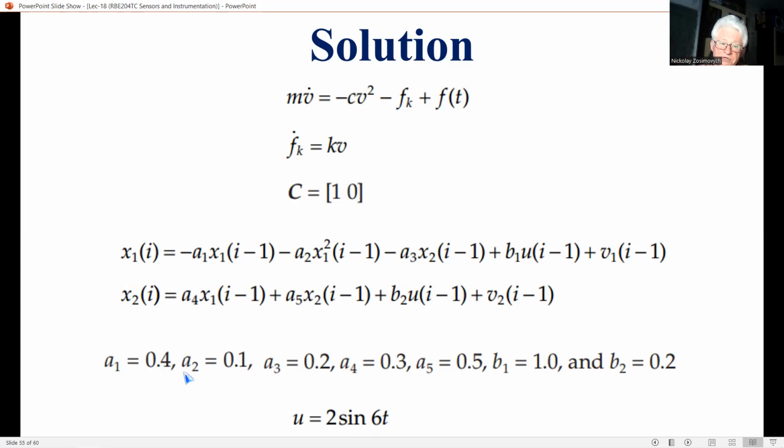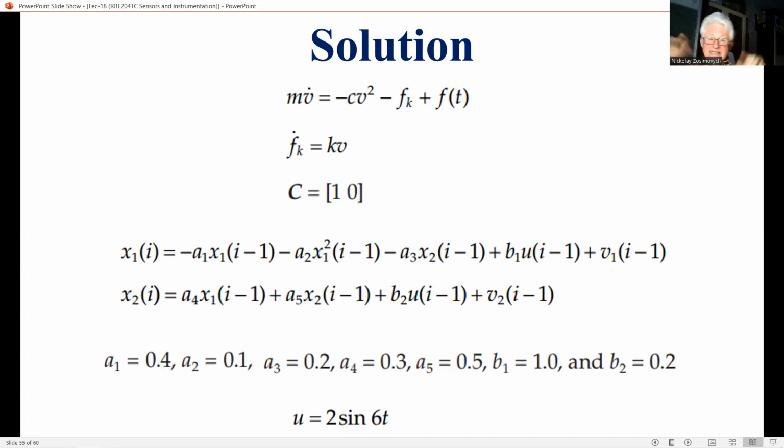And we have included the additive random model error terms V1 and V2 in this equation. We will use the following parameter values A1, A2, A3, A5, B1, and B2 with their concrete values. In view of the model nonlinearity in this example, we will use the EKF, not the linear Kalman filter.